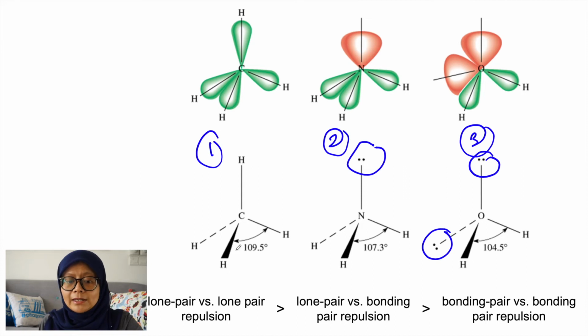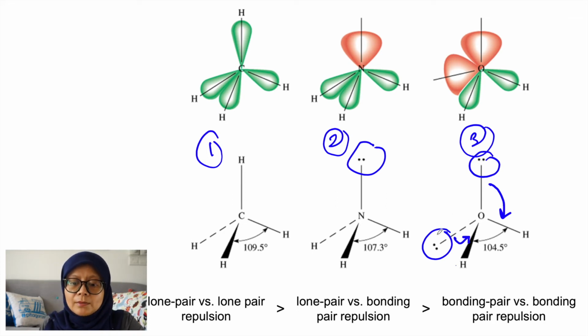Why did this happen? It is because if we have lone pair repulsion, they require much more energy and more repulsion between the electron pairs, between the lone pair and also the bonding pair. So they start to repel this angle.